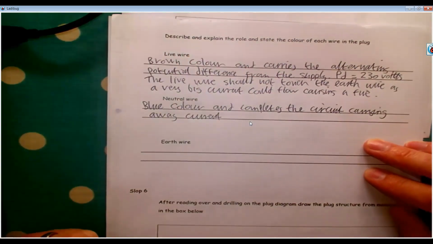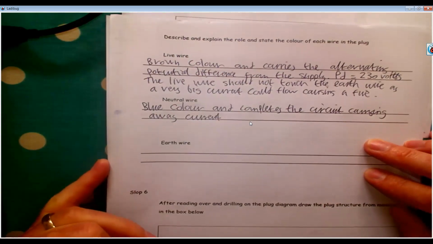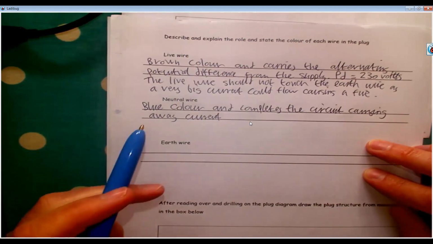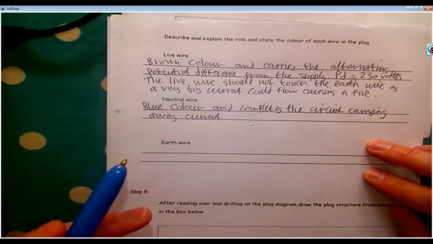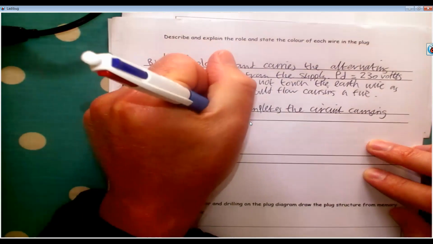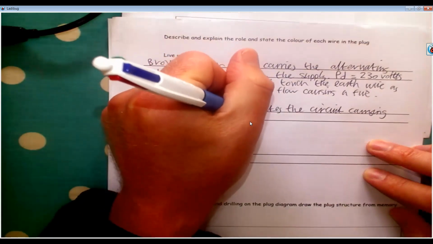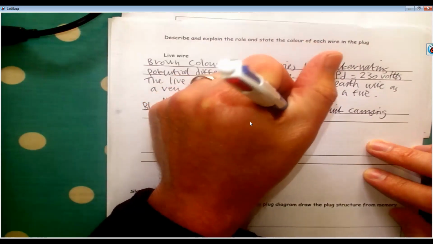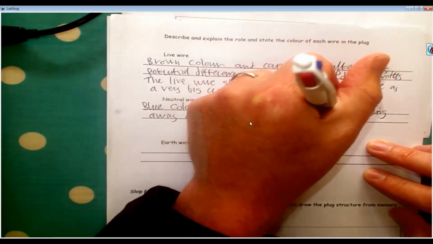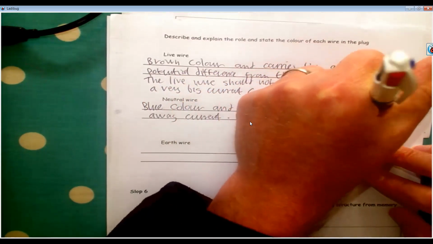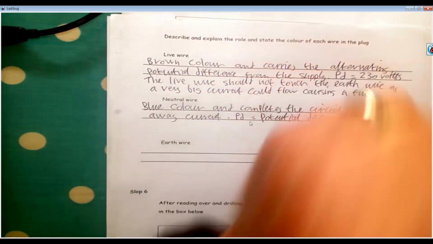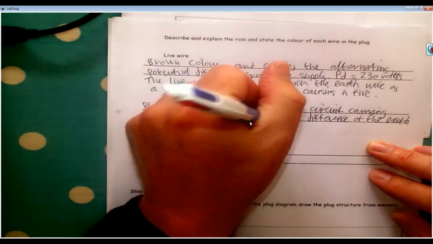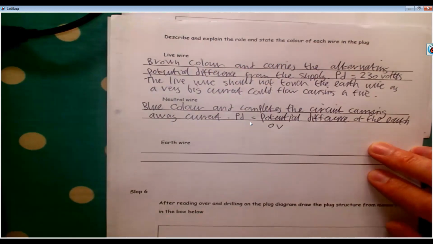So if the live wire takes the current in, the neutral or blue wire takes it out back to the mains. So blue color completes the circuit carrying away current, and the potential difference is the same as potential difference of the earth, or practically 0 volts.